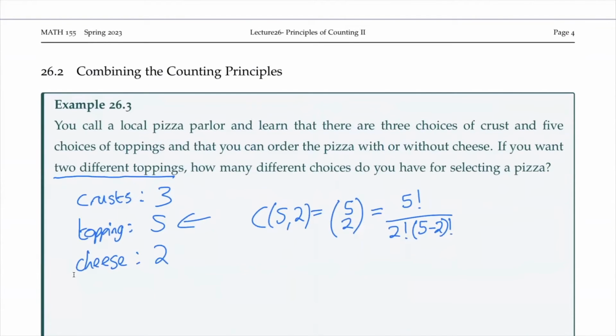So that's 5 factorial divided by 2 factorial times 3 factorial, which turns out to be 10. So this is our total number of combinations that we have. We have 5 toppings and we're choosing 2 of those.